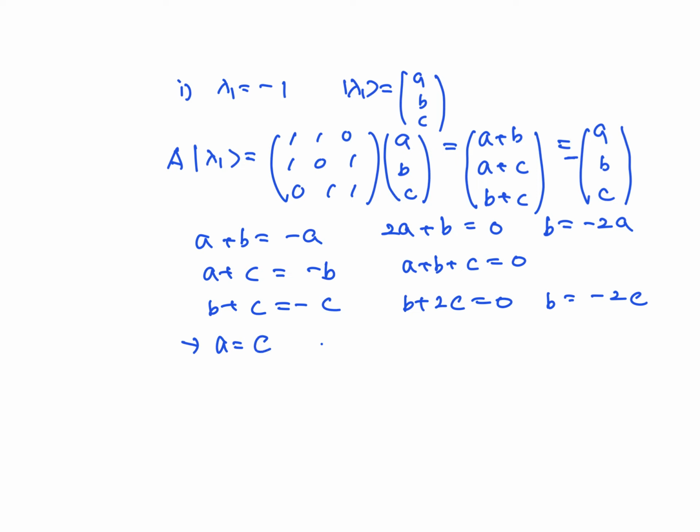Now, A plus B plus C is equal to 0 means A plus A and B equal to minus 2A is 0. So lambda 1 is actually of the form A, minus 2A, A, right?